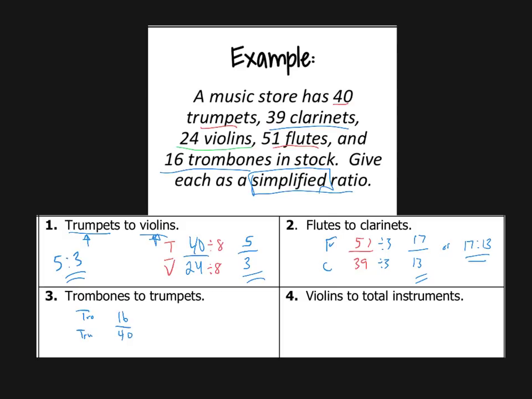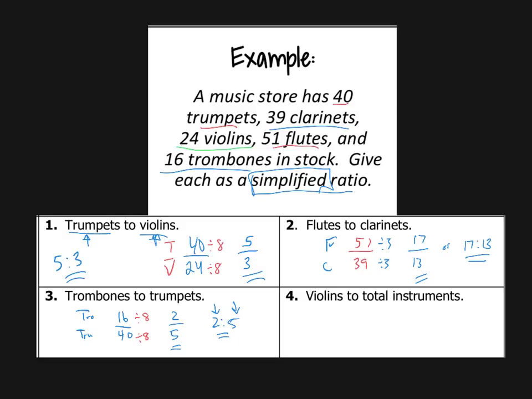There are 16 trombones and 40 trumpets. And I know that 8 goes into 16 and 8 goes into 40, as we said earlier. So that's going to leave us with a 2 to 5 ratio, or 2 to 5. And again, the first number refers to trombones, and the second number refers to trumpets. So it doesn't matter if the top number is smaller, larger than the bottom number.